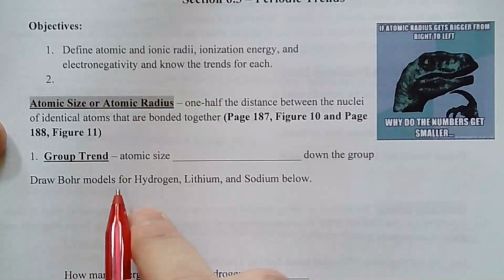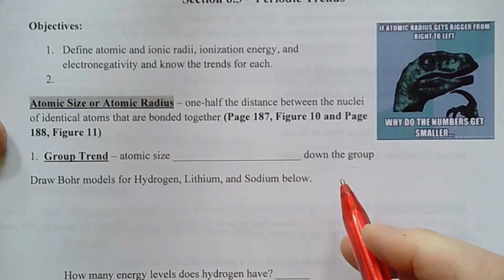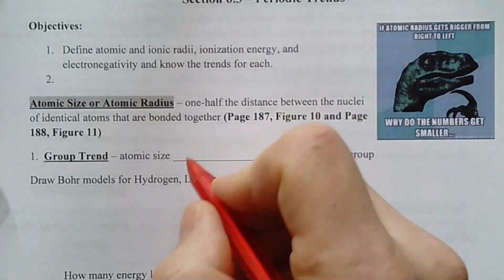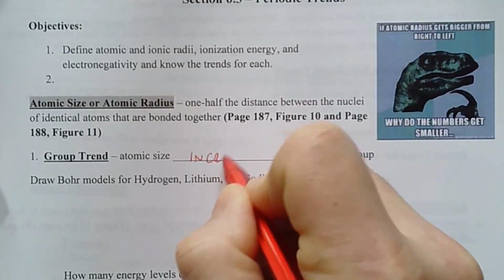Now, the group trend. As you go down a group, remember this is much like that model 2 from the activity you're doing in class. So as you go down a group, the atomic size will generally increase.